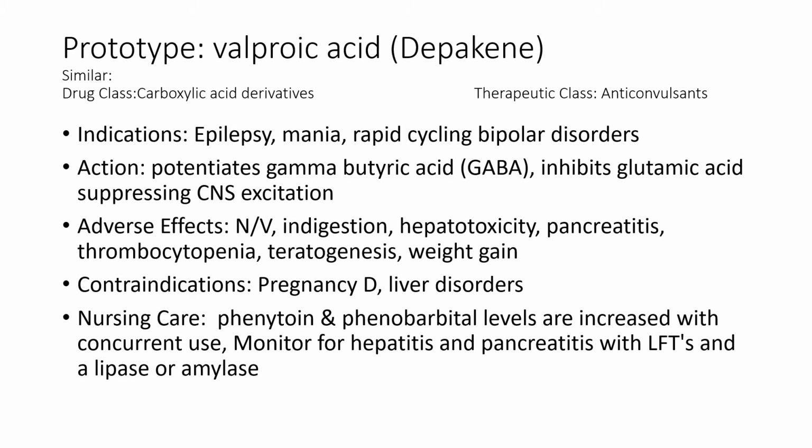And we also include with that liver function tests because it can cause that hepatitis I mentioned. And sometimes we'll even check a pancreatic enzyme test, such as lipase or amylase, if someone's having abdominal pain and we suspect it may be from the valproic acid leading to a pancreatitis. Okay, so think about valproic acid as hepatotoxicity, possibly some pancreatitis, and it can lower your platelet count.